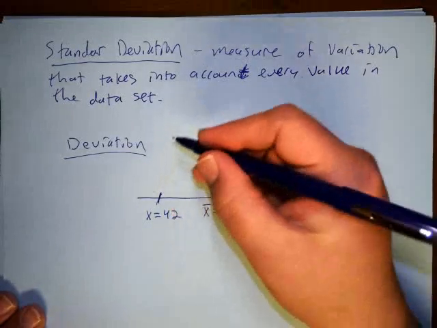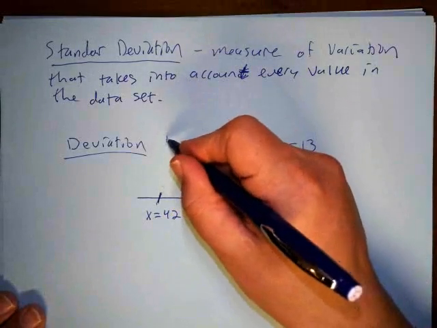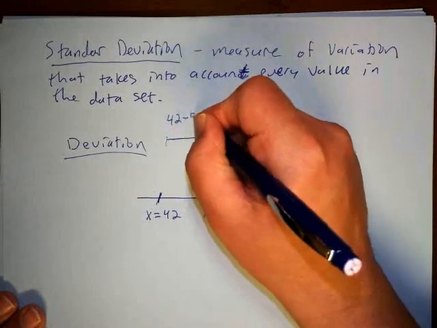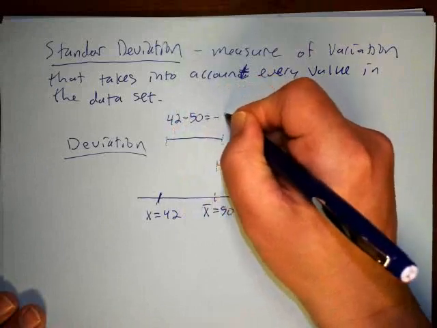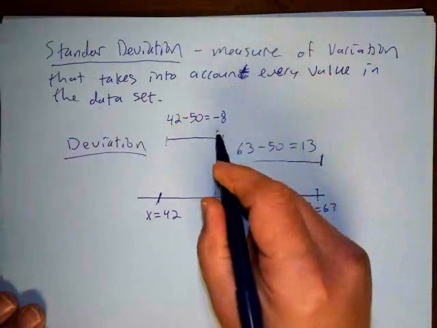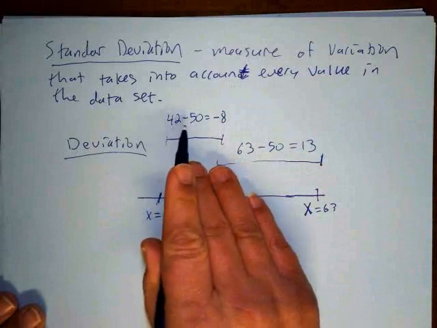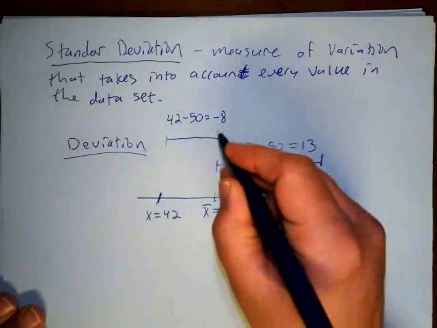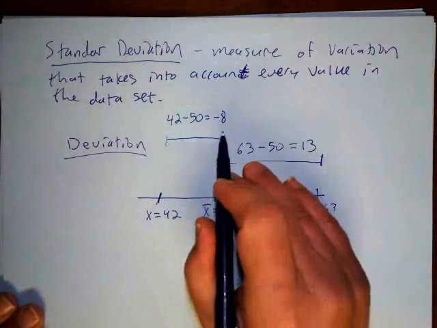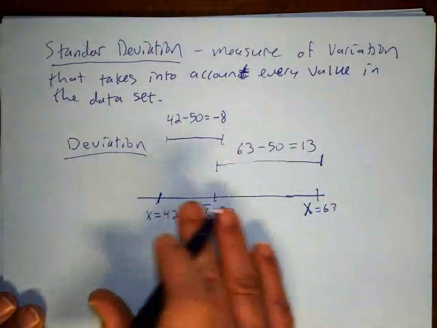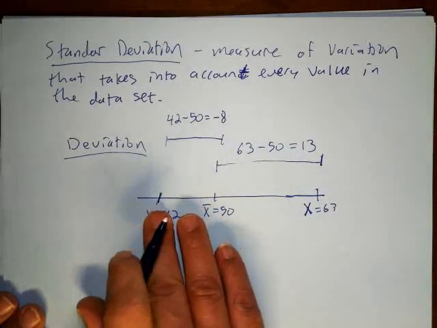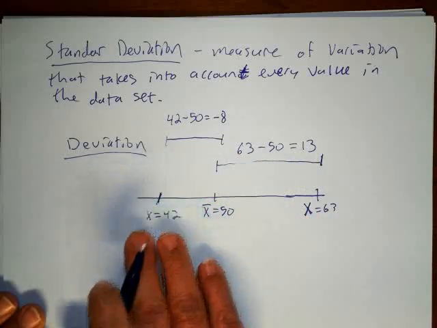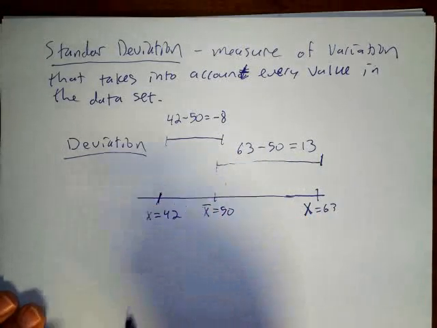It's 13 units above the mean. Okay, now what about 42 here? I could take the distance here. I would take 42 minus 50, and in this case I would get a negative 8. Okay, so you're always going to take the x value first minus the mean, and so if the x value is below the mean, you get a negative deviation, and that negative deviation just means it's, in this case, 8 units below the mean. So you can have a positive deviation if the value is above the mean, and a negative deviation if it's below the mean.